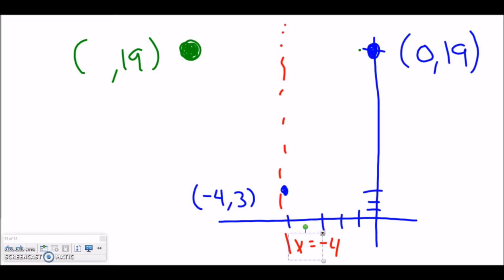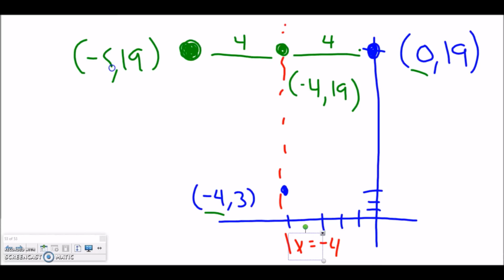Well, if this one is 0, and the middle is -4, then this point, if this distance is 4, this distance is 4, this would be at (-8, 19). So now we know our reflective point is (-8, 19).